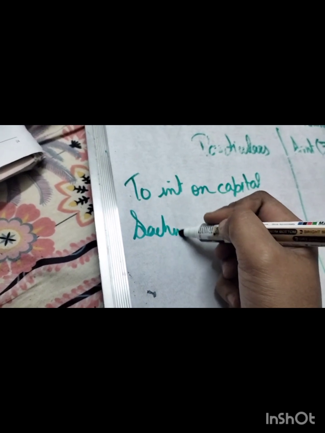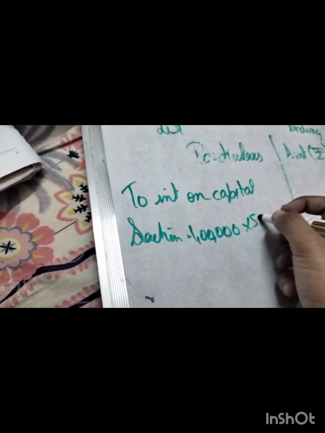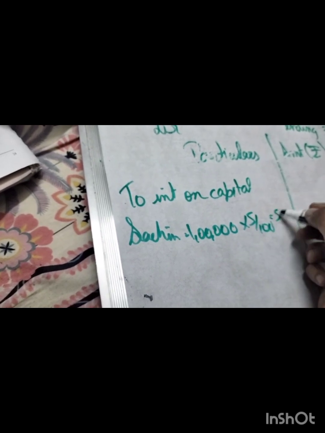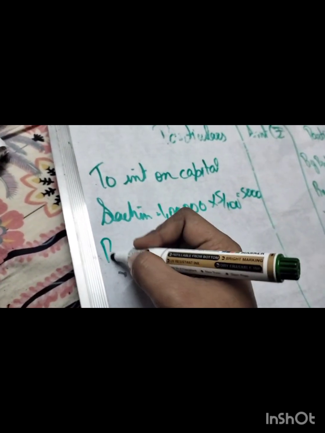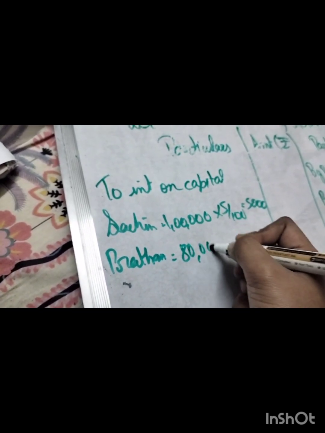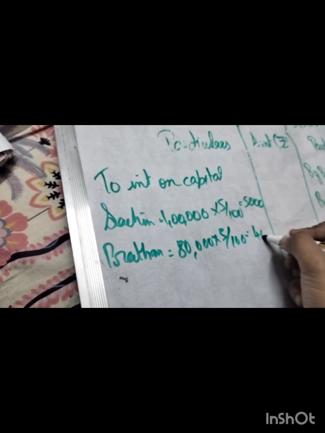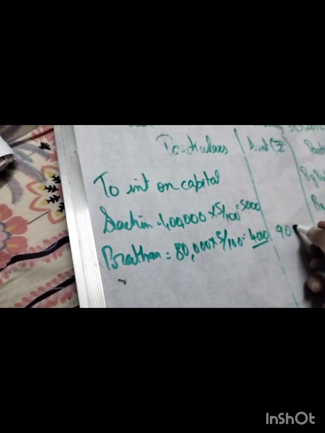So Sachin 1 lakh into 5 by 100. That's nothing but 5,000. And Pratham, that's 80,000 into 5 by 100. That's going to be 4,000. The total is going to be 9k.